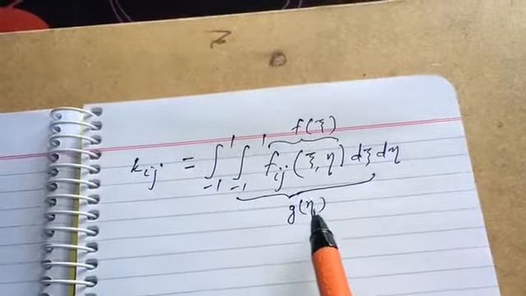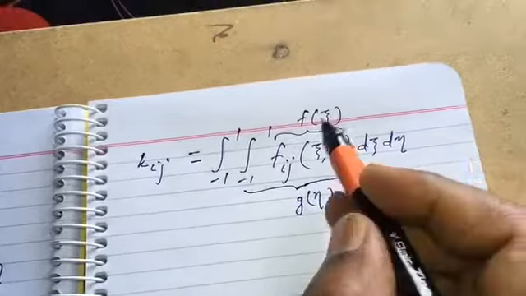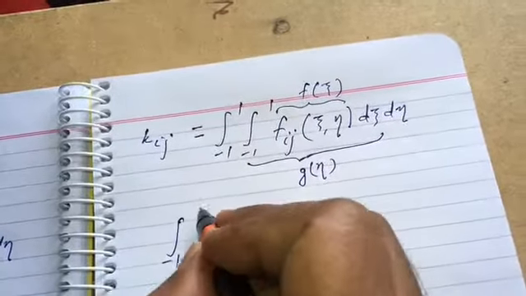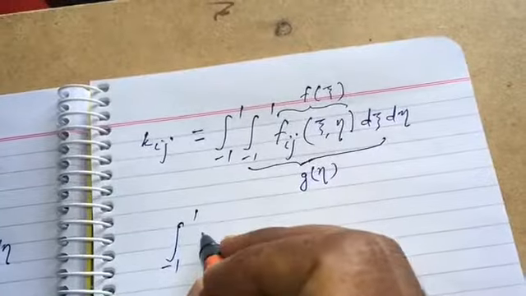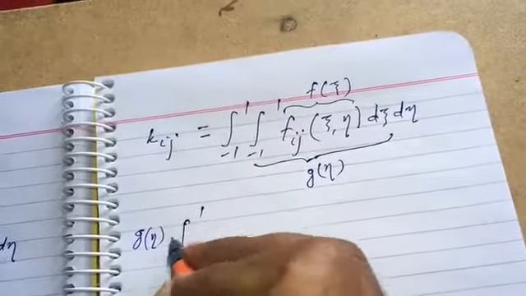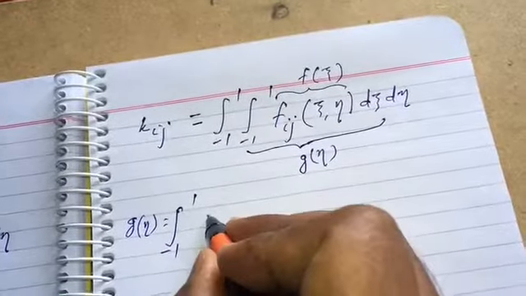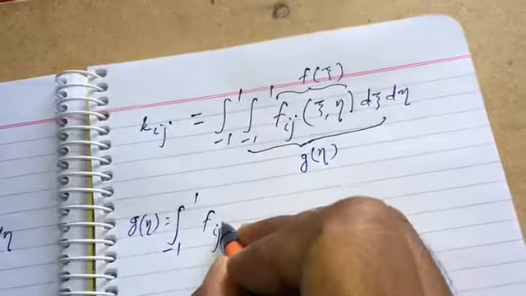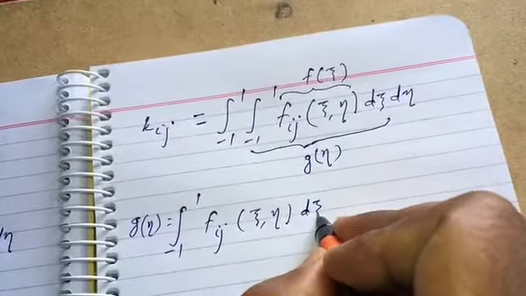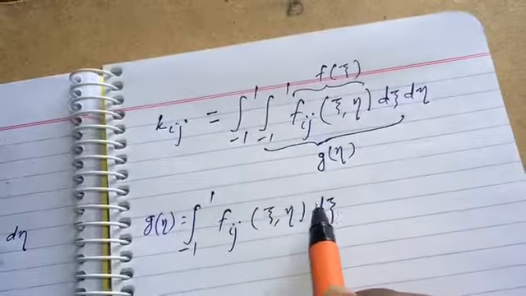So g of eta, and then we will integrate it. What I mean to say is, the first thing, g of eta, will be the integral from minus 1 to 1 of F_ij of xi and eta d xi. So let's evaluate this one first.